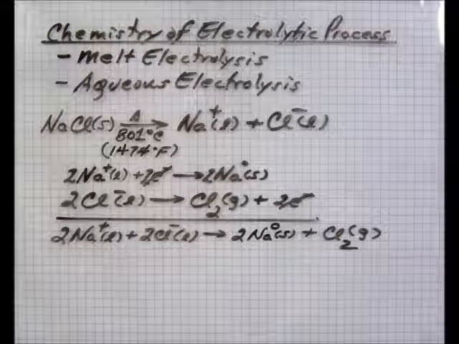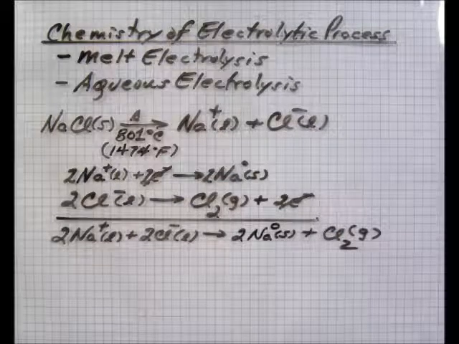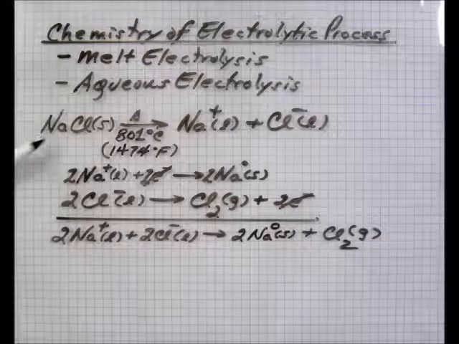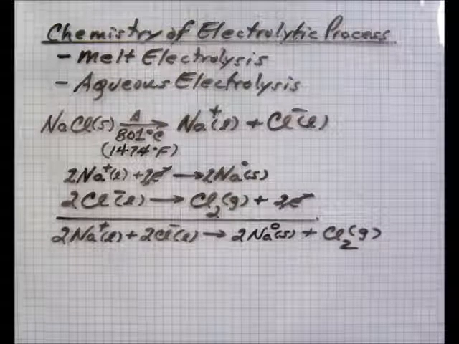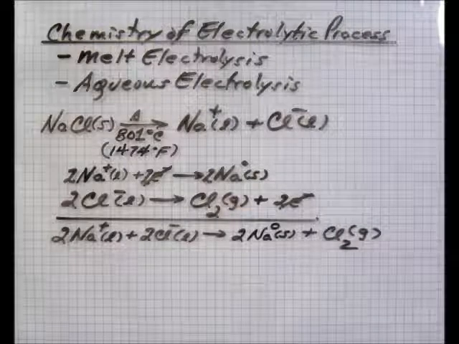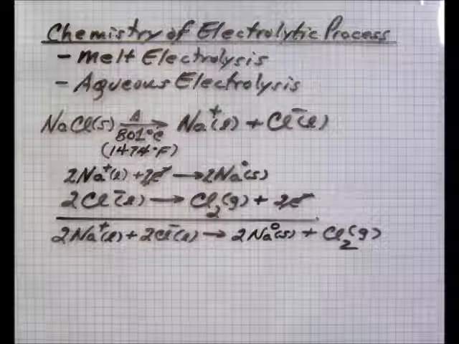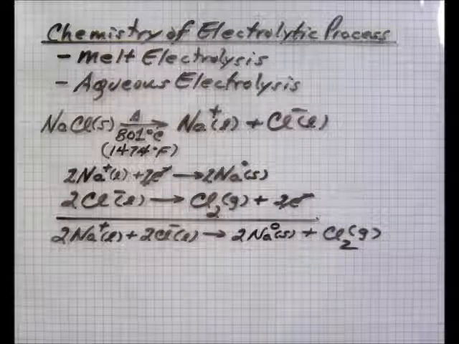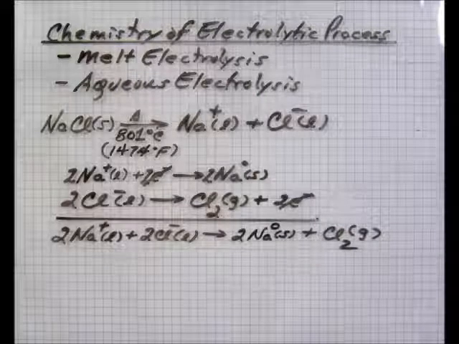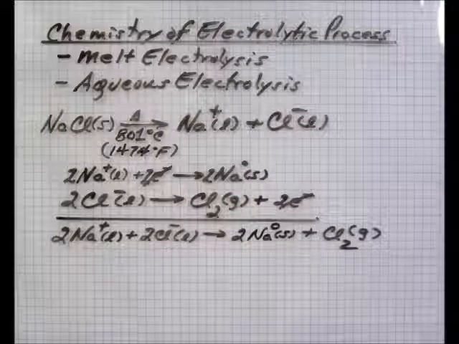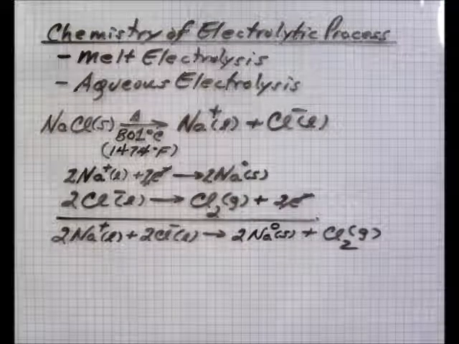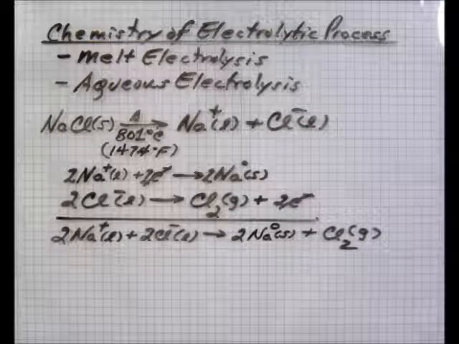And so we get the net cell reaction for the melt electrolysis of sodium chloride. And this is common practice, to use the melt process to generate chlorine gas and sodium metal in their basic standard state. Sodium in the aqueous electrolysis wouldn't be reduced to sodium.